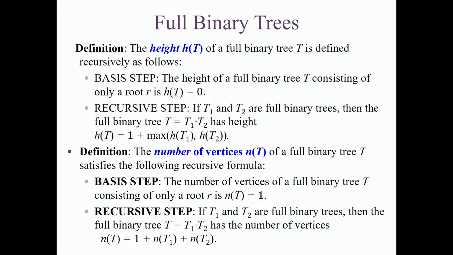And then for recursive step, if we have T1, T2 as the full binary trees, then we connect T1, T2 to the root R by 2 additional edges, okay? So we define the height of that tree, T, will be 1 plus max of height 1 and height 2.